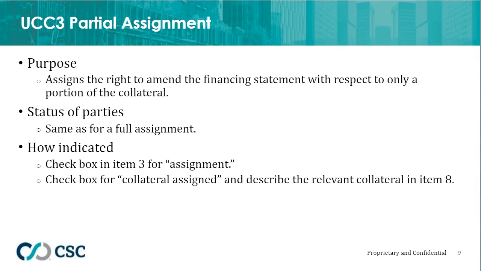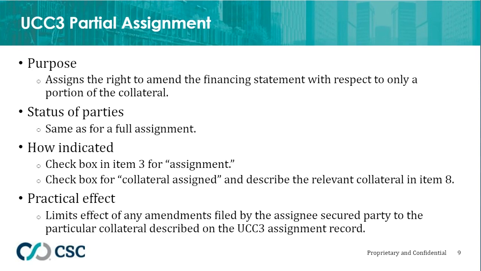So the effect of a partial assignment is simply that it limits the effect of any amendments filed by the assignee to the particular collateral that's described in the assignment. So if you have an assignee and the partial assignment says accounts receivable, and later that assignee files a termination, that termination would only be effective with regard to the accounts receivable.